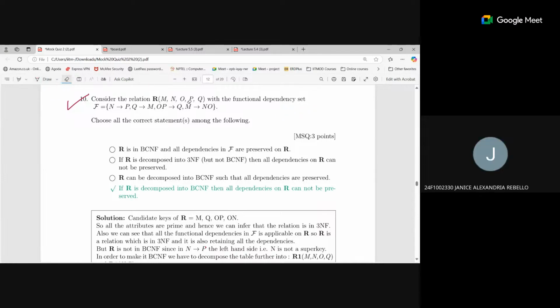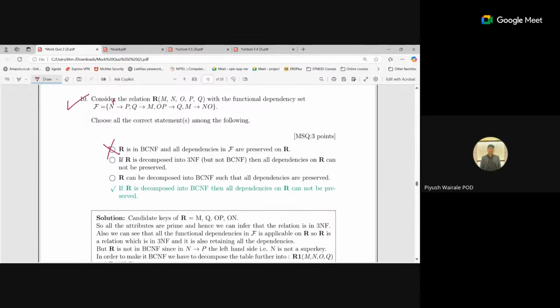Check if all are super keys. Find the super key. What about N? NP, right? So not in BCNF. So R is in BCNF? No. Option A can be removed. Decompose to 3NF.